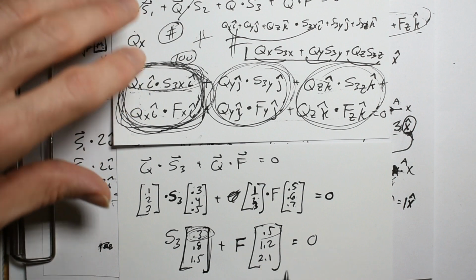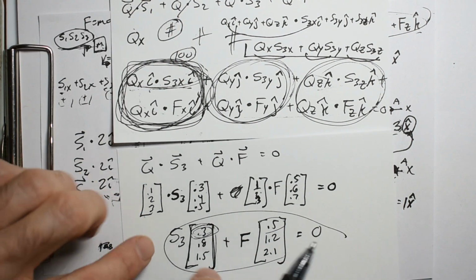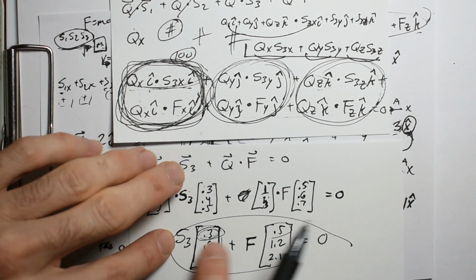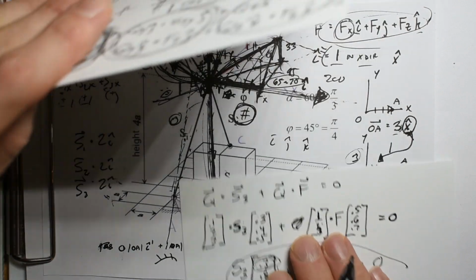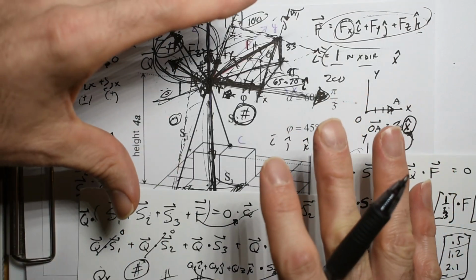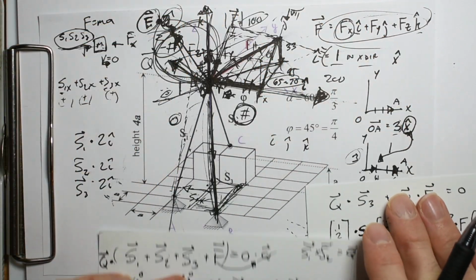So the way this is done, and the reason that we have this new equation that says S is equal to F, is because I think the dot product rotates the problem.